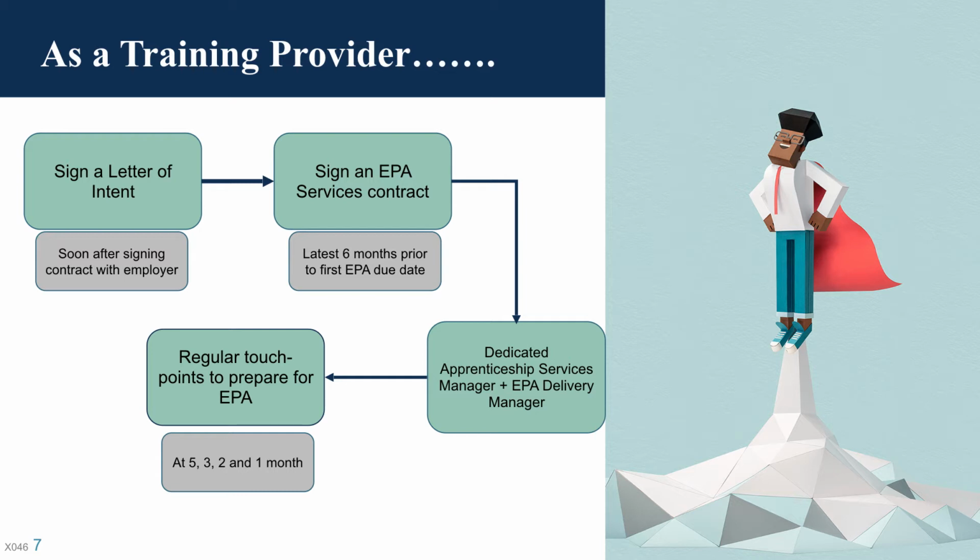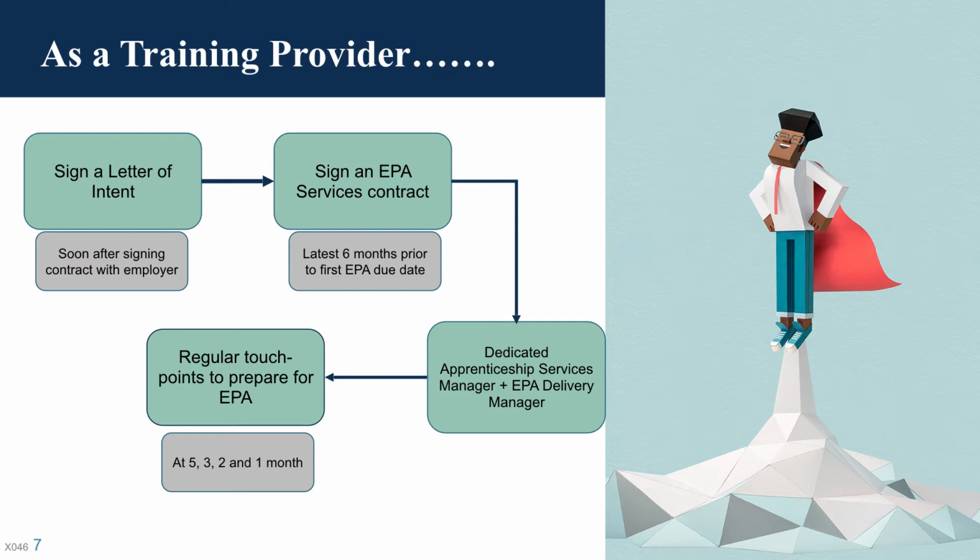So if you know that the training program for a particular standard is a minimum of 12 months or 18 months, and you know what your approximate endpoint assessment date is, you can work out what 6 months before then would be. As a pointer, we would advise that we sign this endpoint assessment services contract at least 6 months before that date.